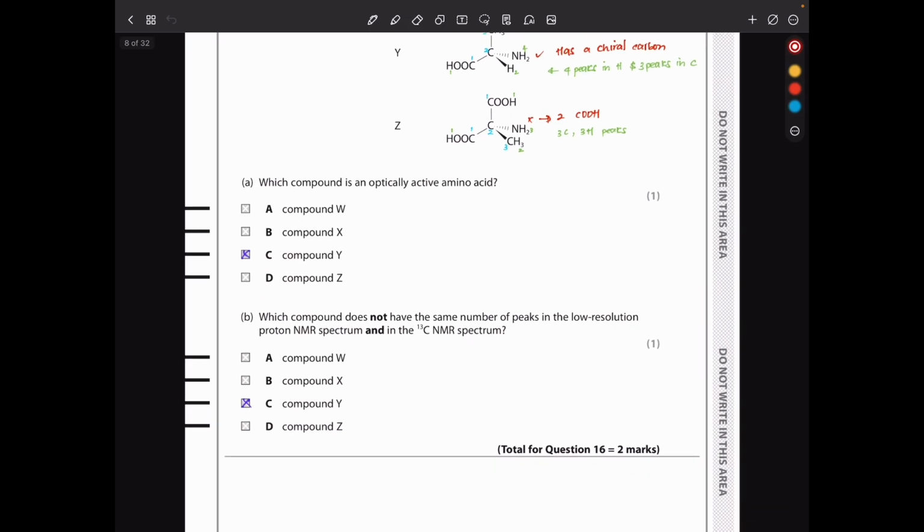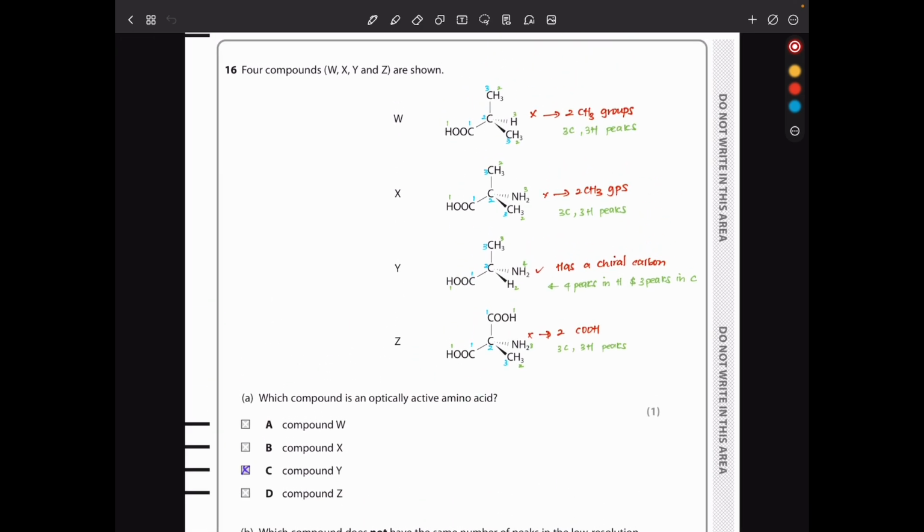And then they say which compound does not have the same number of peaks in the low resolution proton NMR spectrum and the carbon-13 NMR spectrum. So let's begin with the carbon-13. Here we have this carbon, one environment, the second environment, and then these carbons are identical. So here we have 3 carbon environments.